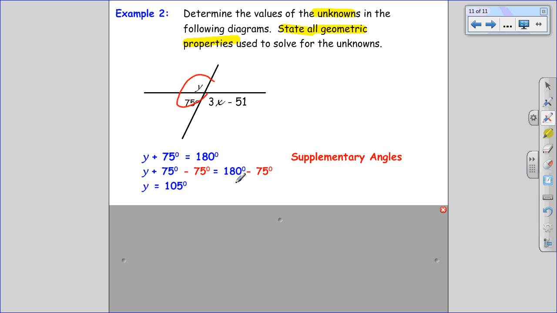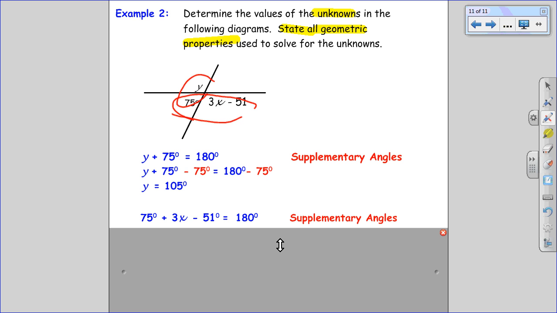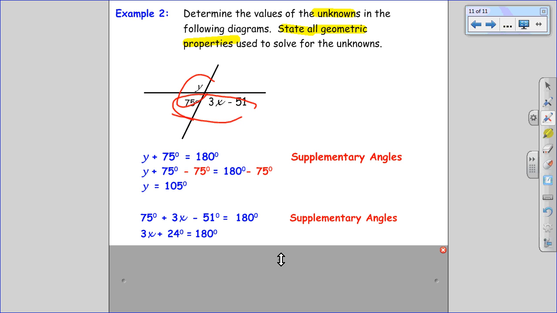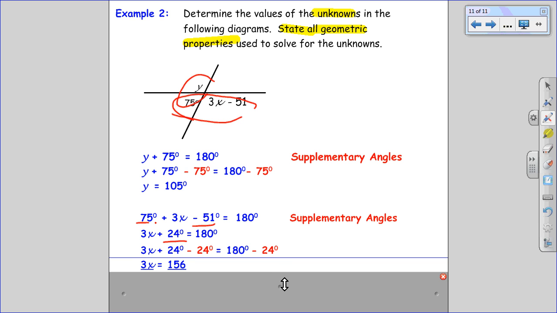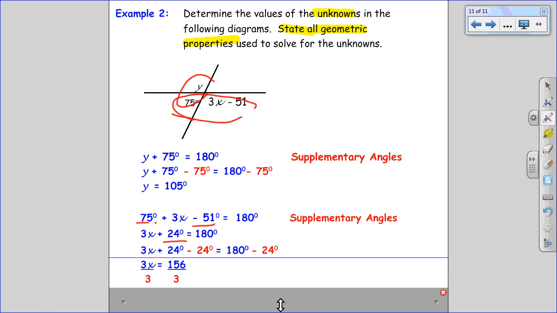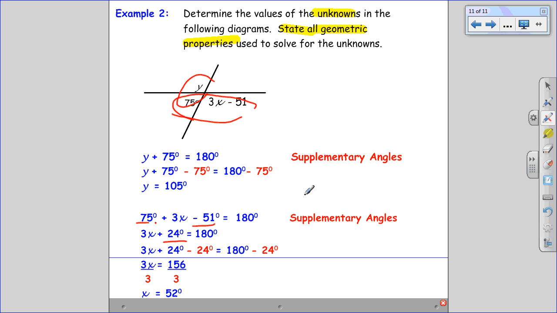Next, I need to figure out 3x minus 51. Well, 3x minus 51 and 75 are also supplementary angles, so I can add them together. My knowledge of solving equations tells me to simplify the left side before I move on. So 75 subtract 51 will leave me 24. Now I need to subtract 24 from both sides, and I end up with 3x is 156, but I have to share the 156 equally amongst the 3x's, so I divide, and x is 52.